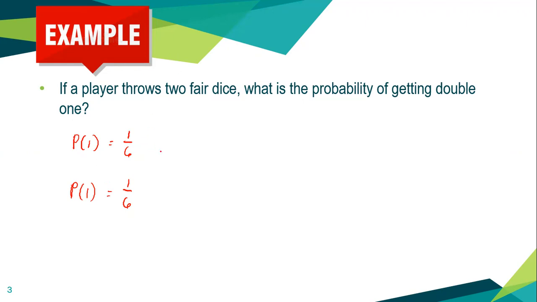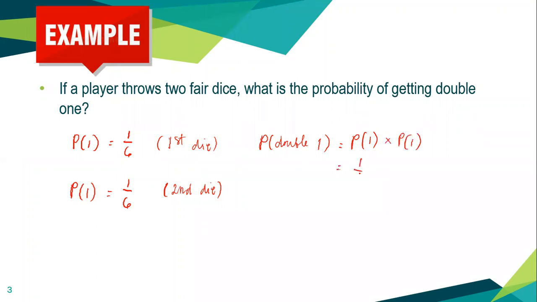So, let me indicate that this is for the first die. Then this is for the second die. Then, di ba kanina sa formula doon sa independent events, we have probability of A and B is equal to probability of A times probability of B. Meaning, ang probability of getting a double one is equal to probability of 1 on the first die times probability of 1 on the second die.